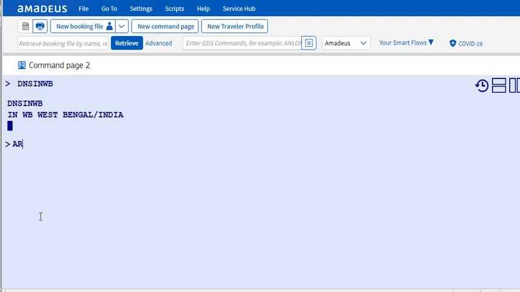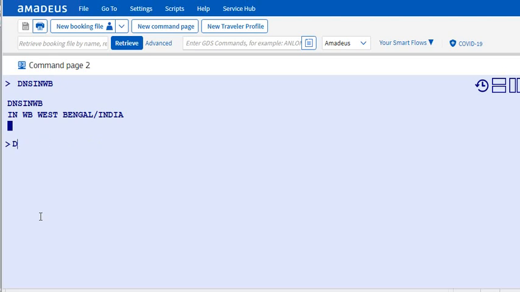And please remember, AR means Argentina, Brazil, BR, and then US, United States, Canada, that is CA, and then India, IN, and Australia, AU. These are the only 6 countries in the world for which the state codes are mapped in Amadeus. You cannot find the state code for any other country.